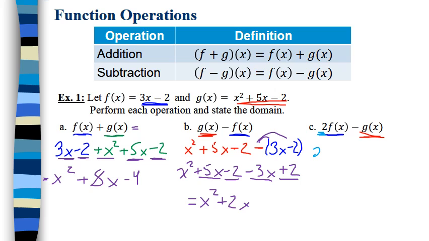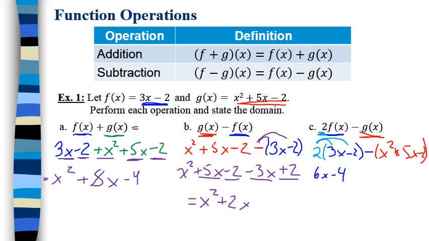So we're going to do 2 times f of x, and remember f of x is 3x minus 2, and then we're going to subtract g of x, which is x squared plus 5x minus 2. So we need to distribute the 2 and multiply 3x minus 2 by 2, so we end up with 6x minus 4.